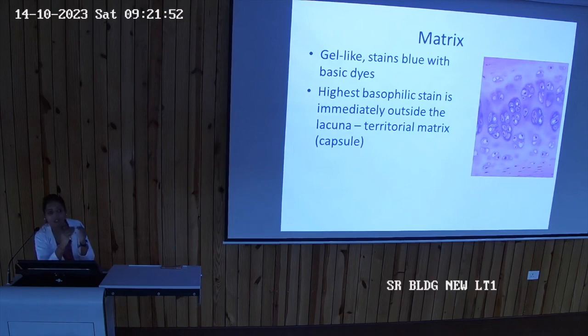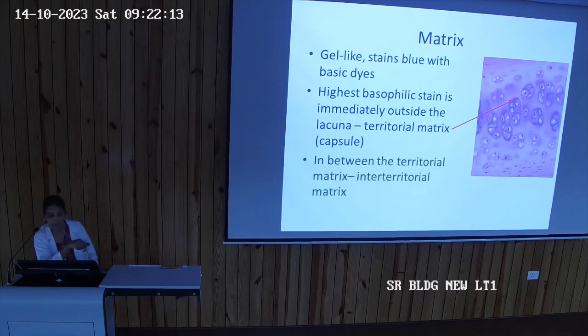Interterritorial, which stains lightly as compared to the territorial matrix. How will territorial matrix be? It stains more with the basophilic dye, and it is darker in stain as compared to interterritorial matrix. This is the matrix surrounding the cell lacunae. In between the territorial, there is interterritorial matrix.